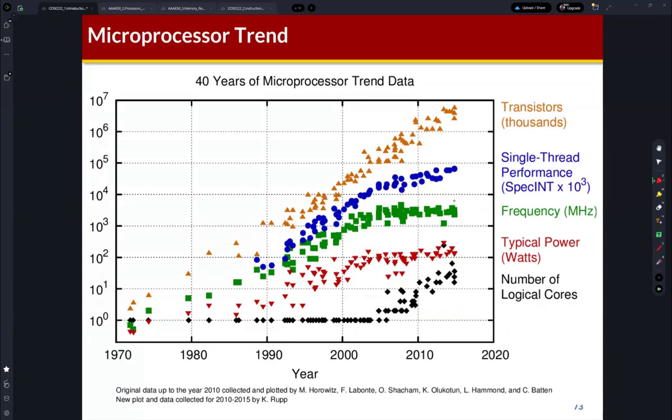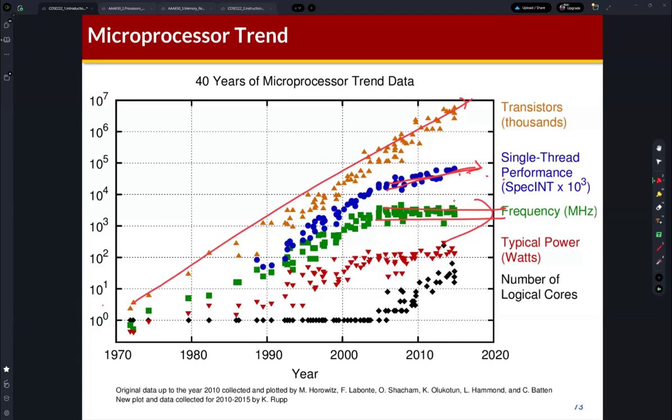So this is the microprocessor trend. Moore's law continues, fortunately, but because of power, as I explained, the frequency is saturated. Even though we purchase a new generation of CPU, the clock frequency is nearly the same. Single thread performance slightly increased, but it is being saturated.